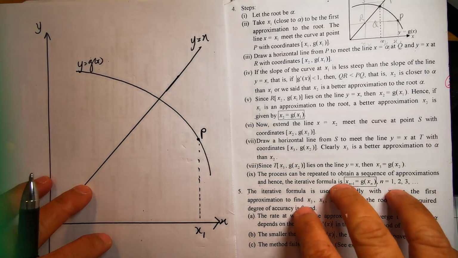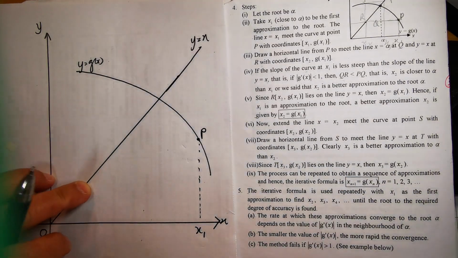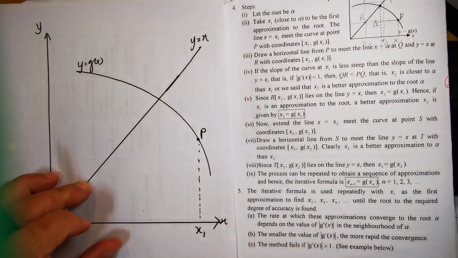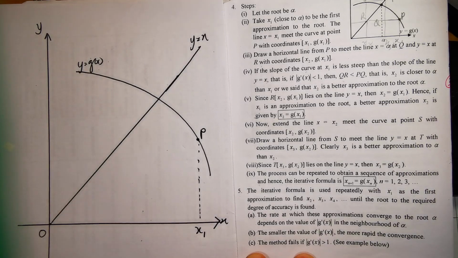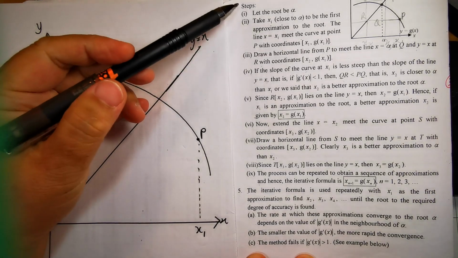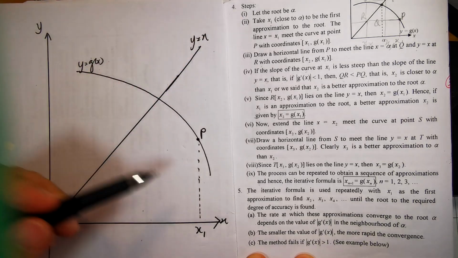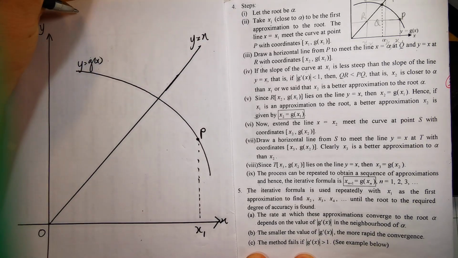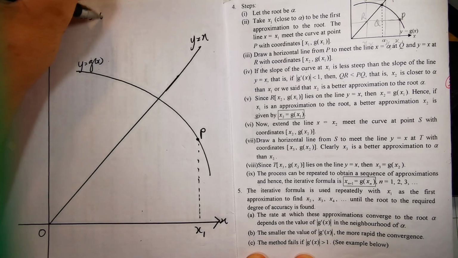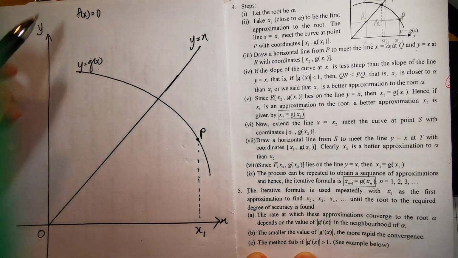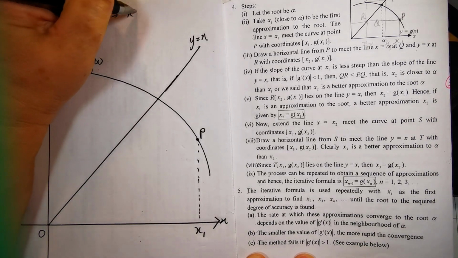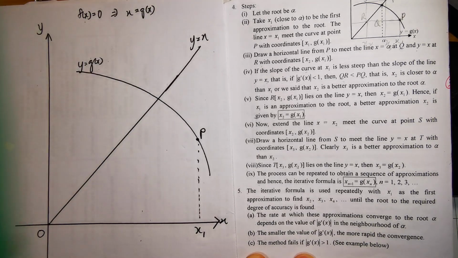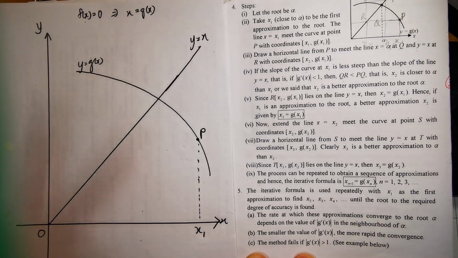This is the step that we are going to use for iterative method. I draw one very big one so that you can see clearer here. Let's say you are given one equation f(x) = 0, then I rearrange it into the form x = g(x). So I have two functions or two graphs.